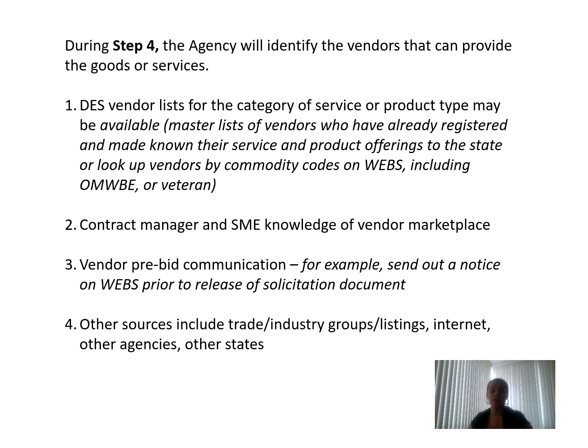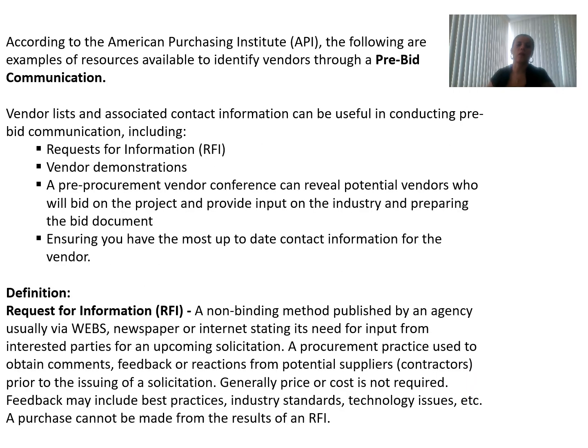So other sources of vendors could be trade industry groups, listings, internet, or agencies. Most countries have a list of providers from different categories of services and products. According to the American Purchasing Institute, these are some examples of resources that are available to identify vendors through a pre-bid communication.